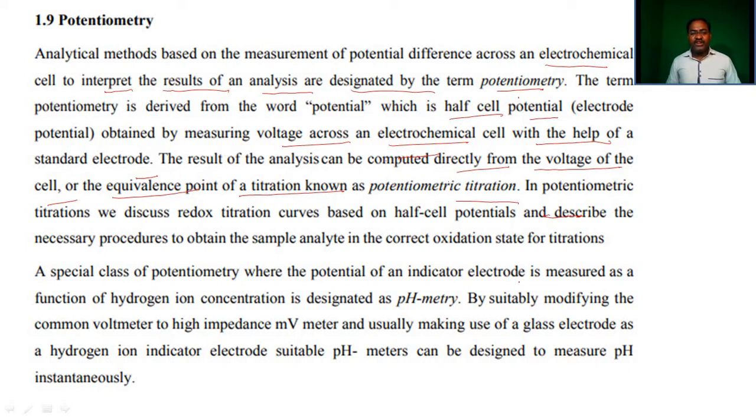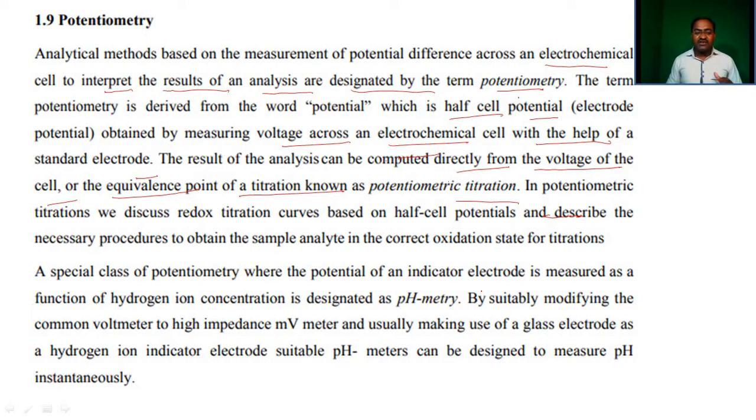In potentiometric titrations, we discuss redox reaction curves based on half cell potentials and describe the necessary procedures to obtain the sample analyte in the correct oxidation state for titrations.